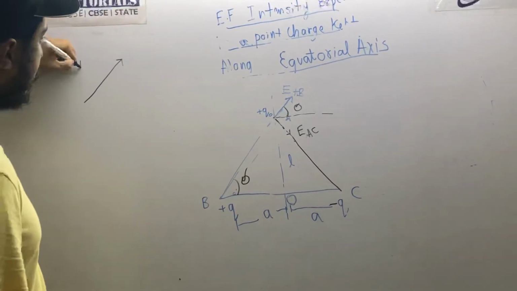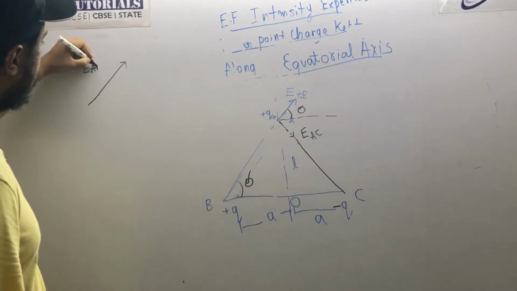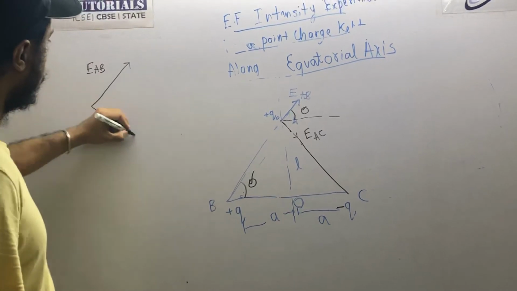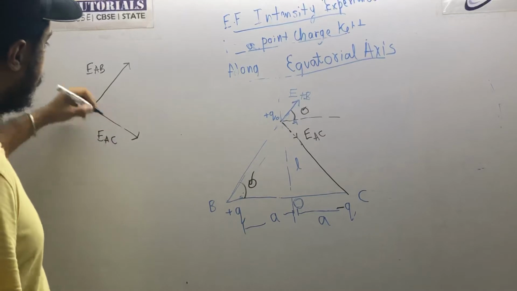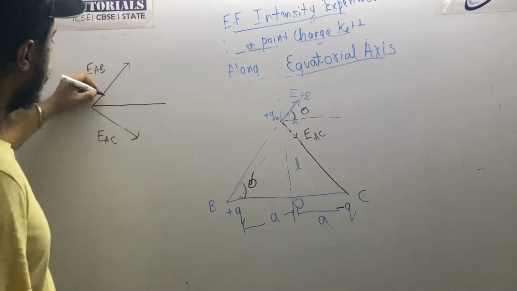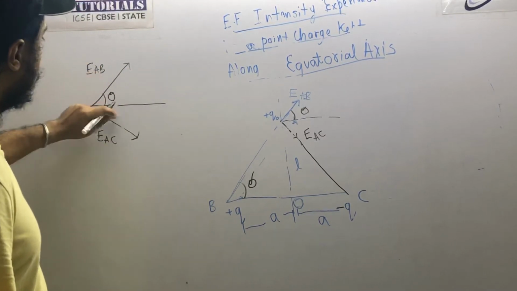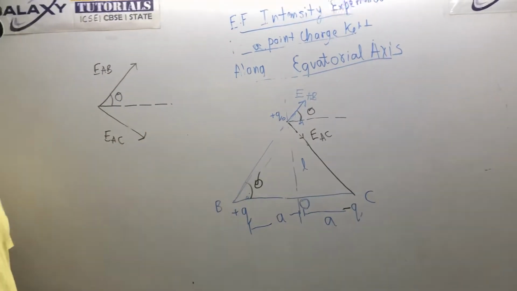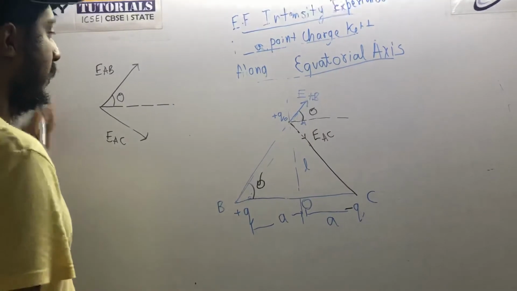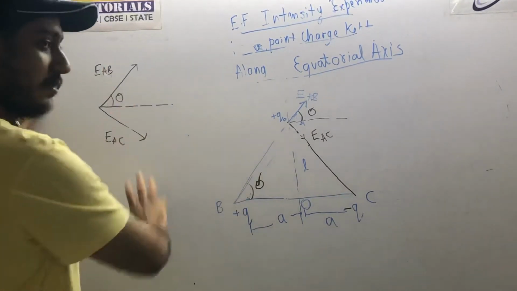Let us assume EAB is like this. EAB and EAC we have shown like this. Now you already all know how this diagram came out.